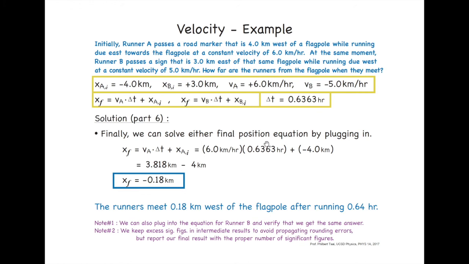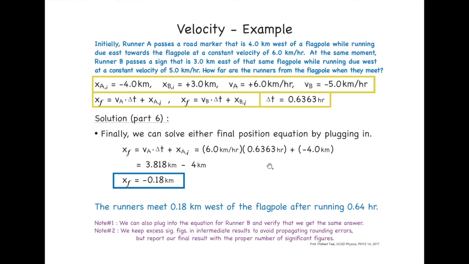Notice that we've kept the excessive significant figures. Our final answer is only going to be at 2 sig figs, but we go ahead and keep 2 or 3 extra sig figs so that, if we round everything down to 2 sig figs and then add numbers together, we don't accumulate rounding errors and end up off by the last sig fig.